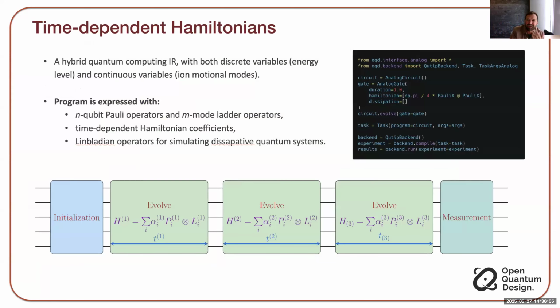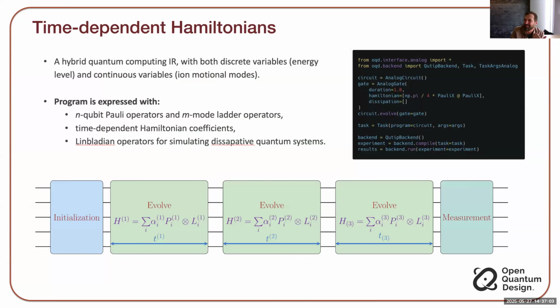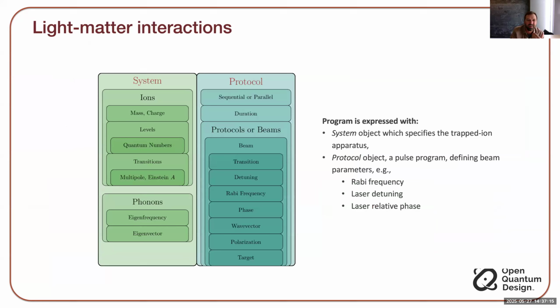I'm going to skip the software because I'm running out of time, but everything on the left-hand side, digital analog interfaces, these are APIs. We're developing APIs for the time-dependent analog interface. There's lots of interesting work to be done here, but we're doing that last. The highest level stuff, the APIs and so on, we'll probably get out more towards the end of this year.